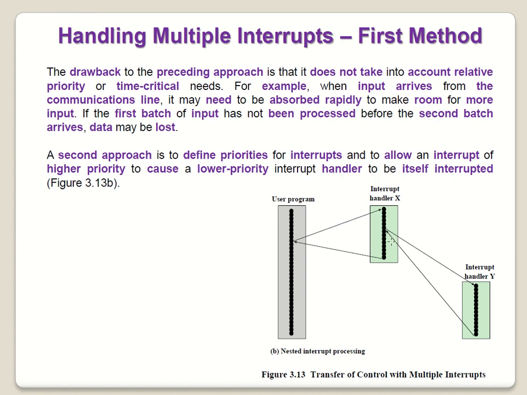For example, assume the CPU was executing the user program. There was an interrupt request signal from device X, so it goes to the handler and services the handler for device X. During that time there is an interrupt from device Y. Assume that device Y has high priority. It's important and has to be done first. But this method doesn't care about priority.